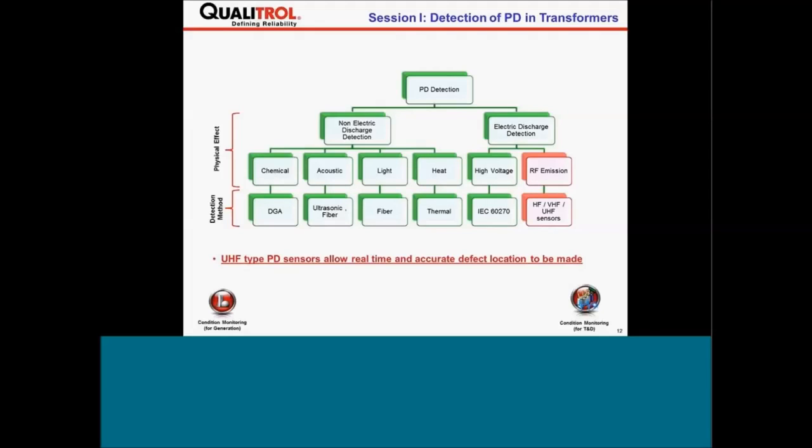Electrical: you can use the IEC 60270 method. Also, you can use RF emissions, and this would be either HF, high frequency, very high frequency VHF, or UHF sensors. And it is the UHF sensors that we use to detect PD in transformers.